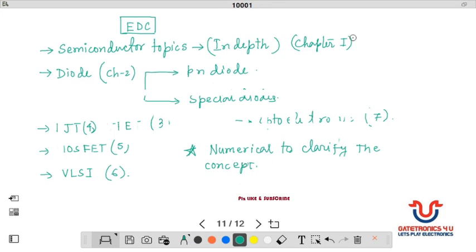You have to do numericals, and in these numericals we will do the previous year questions also. So this is all about the electronic devices and circuits syllabus for GATE and the Engineering Services Examination. Hopefully this comparison of the GATE and ESE syllabus in the EDC subject will be helpful to you all.